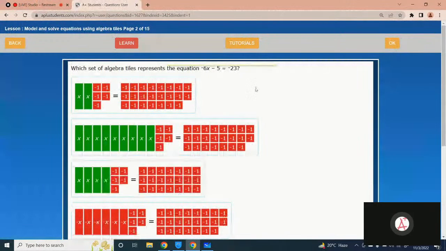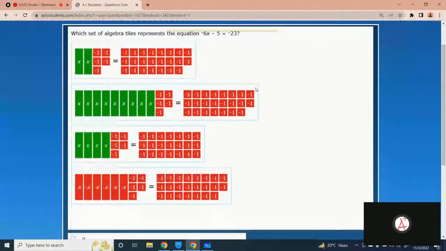Okay, the next one is which set of algebra tiles represents negative 6x negative 5 equals negative 23? Now all the numbers are negative. 6 is negative, 5 is negative and 23 is negative. You have to see which option is the correct one.